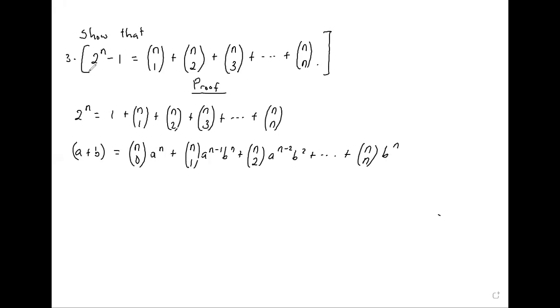b is not appearing, the only way b can't appear is when it is 1. Because if n choose n is there, it must be multiplied by b power n. So if the b power n is not visible, then it's clear that the b is 1, because 1 power n is what I can't see. Because 1 power n will always be 1.